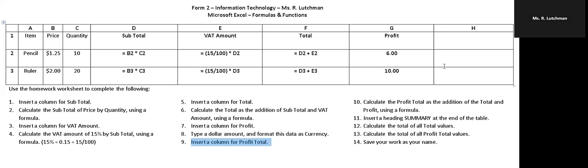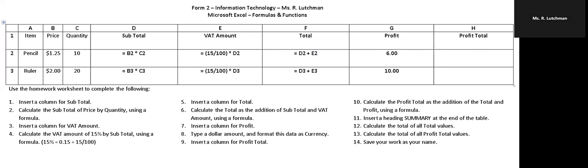Okay, number 9. Profit total. Insert a column for profit total. All right. Okay. Profit total. Number 10. Calculate the profit total as the addition, all right, hint right there, addition of total and profit. So let's go under the first profit total. We have total here and profit.